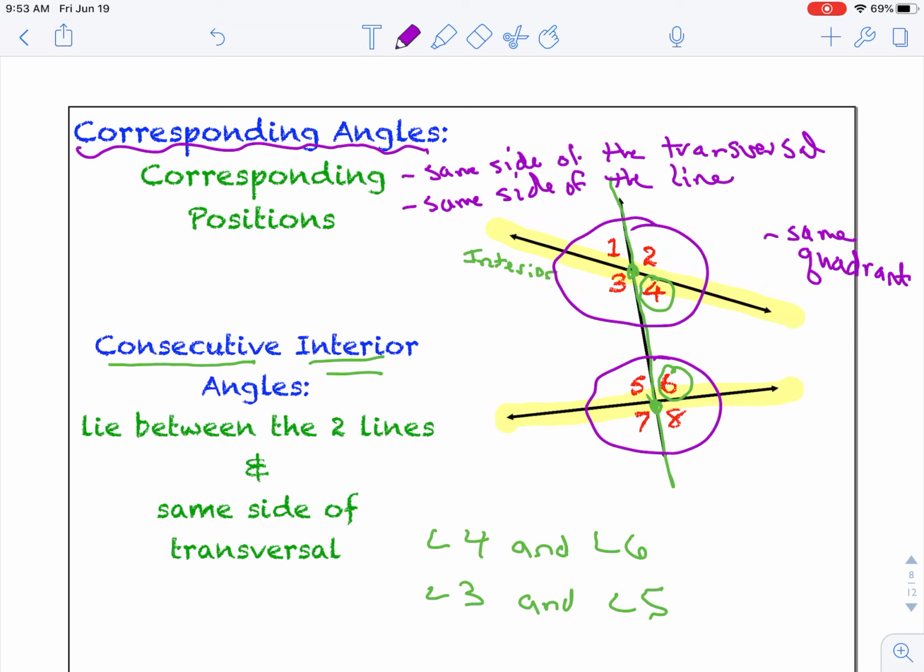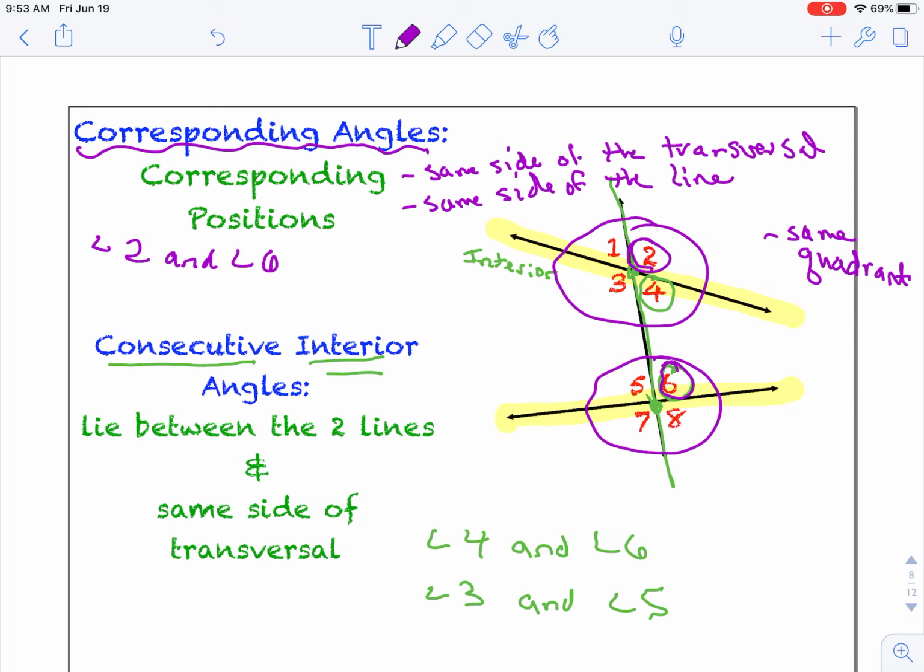So I'm looking for it to be in the same quadrant. That would be angle 2 right here and angle 6. They're both in quadrant 1 on a grid. So angle 2 and angle 6.